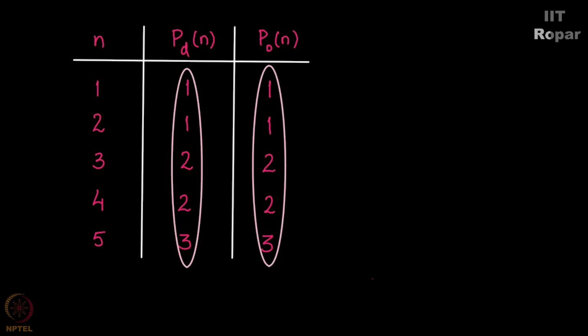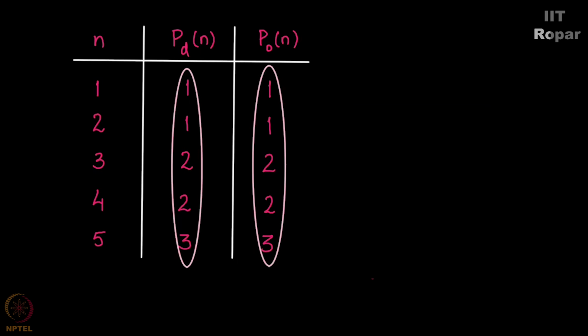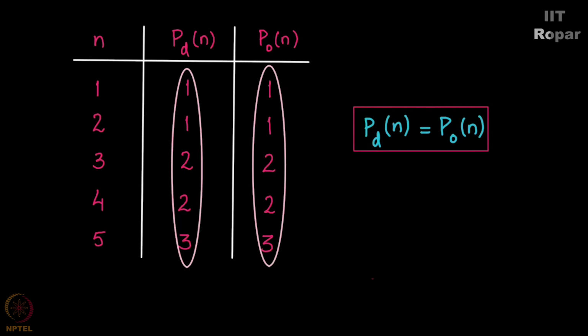What do you observe? Yes, PD of n equals PO of n. This is the observation which we are able to make from this given table. Well, if it is true, let us try to prove it. In the next video, we will give you the proof.